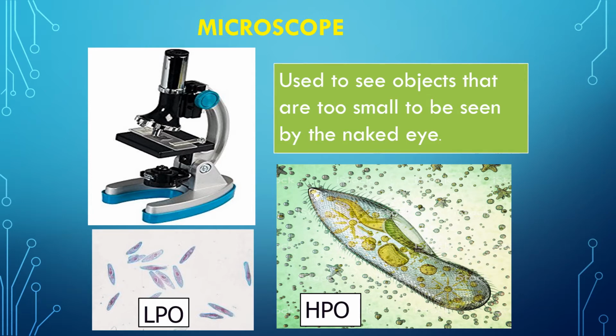The first, LPO, is very small, you cannot see well, right? But when you turn the objectives here and focus in the HPO, look at it. Try to observe, it is more visible. So that is the use of the microscope.